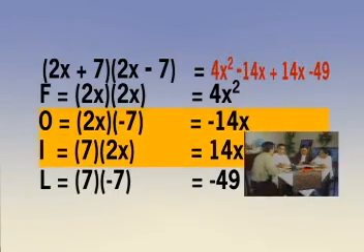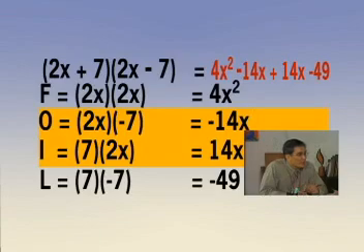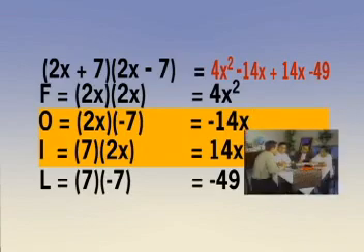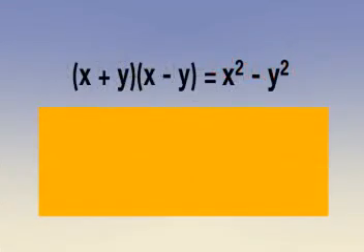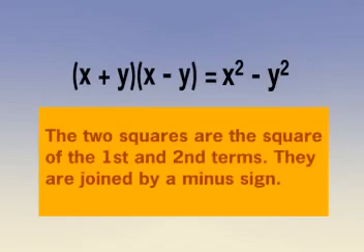O and I are the same but have opposite signs, hence their sum is 0. Thus, the resulting product is a difference of two squares. Thus, the quantity x plus y times the quantity x minus y is equal to x squared minus y squared. The two squares are the square of the first term and the square of the second term. They are joined by a minus sign.